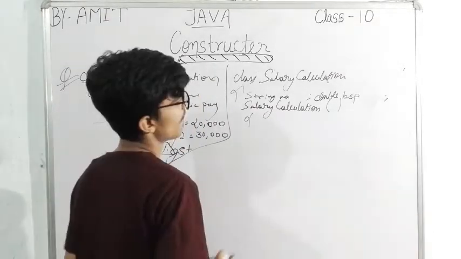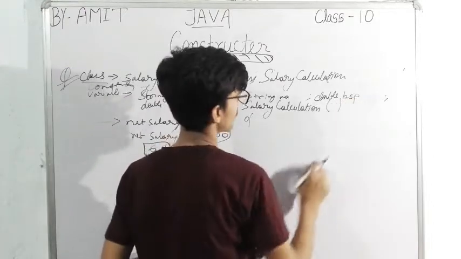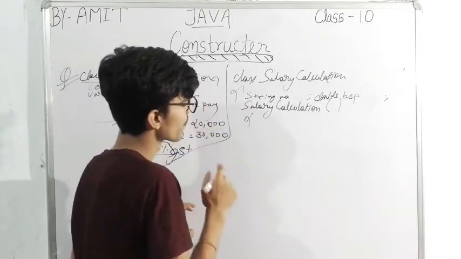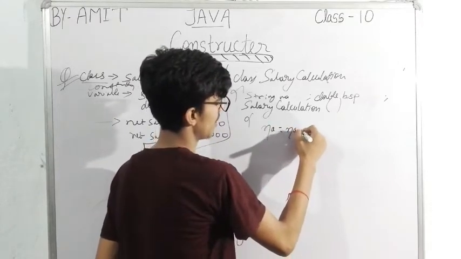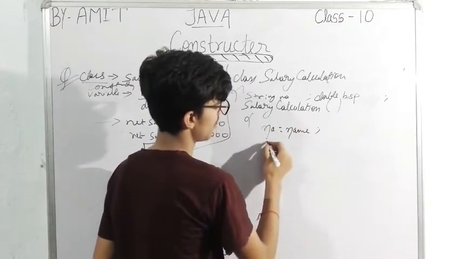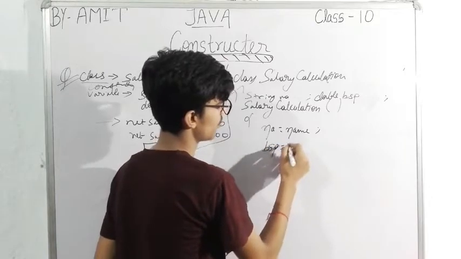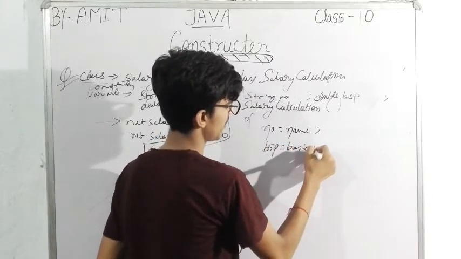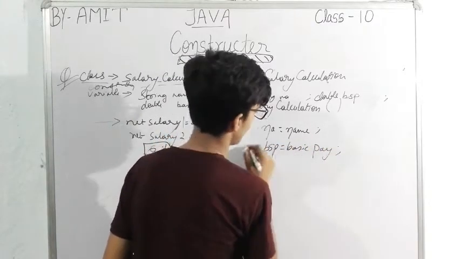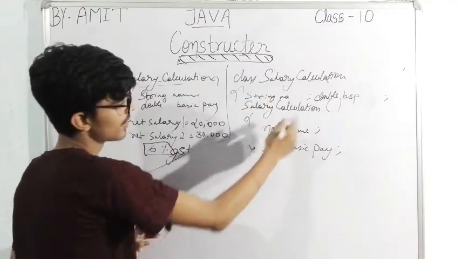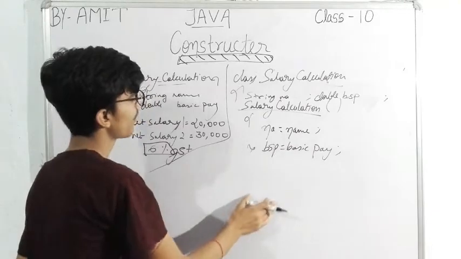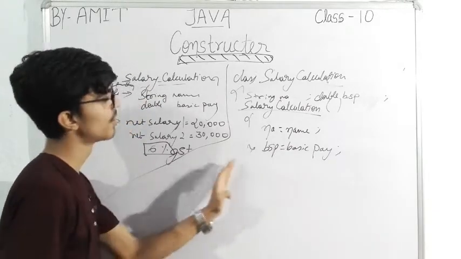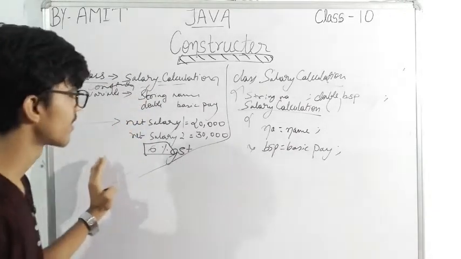After this we write: NA is equal to name, BSP is equal to basic pay. This we have written inside a constructor. So this is the only use of a constructor. After this we will perform this task.